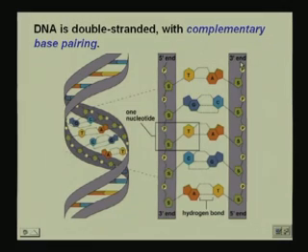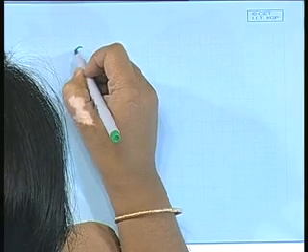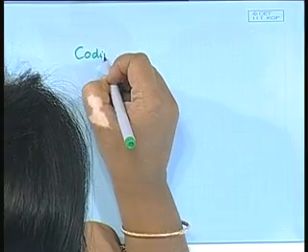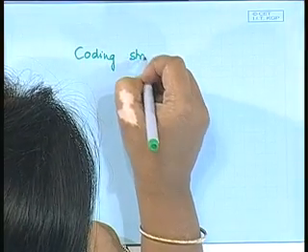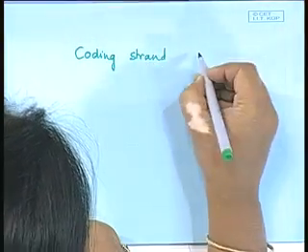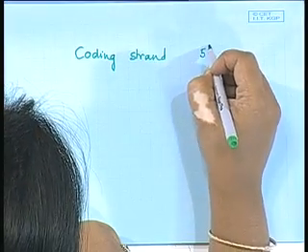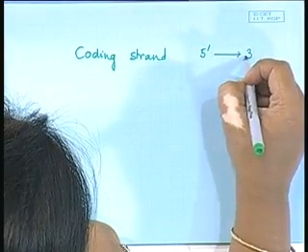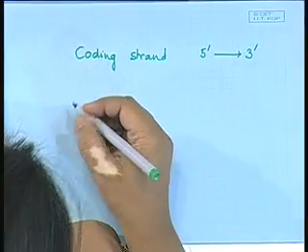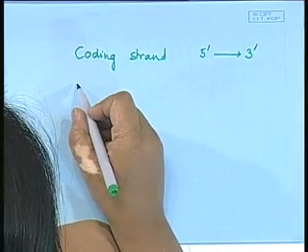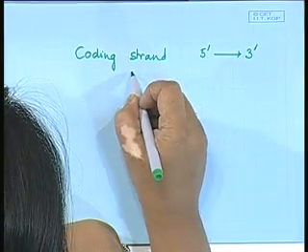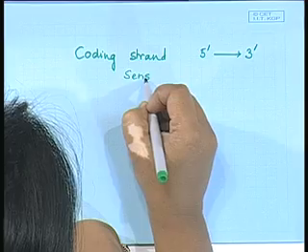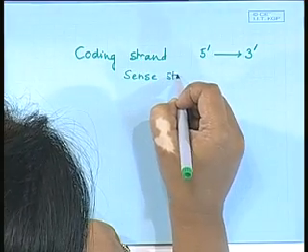Okay, so let me just reiterate that. We have a coding strand that goes from the 5 prime to the 3 prime. This is also known as a sense strand, because that actually has the information.